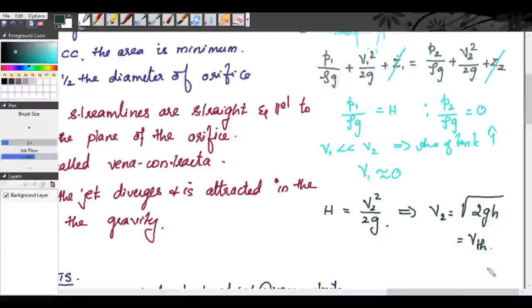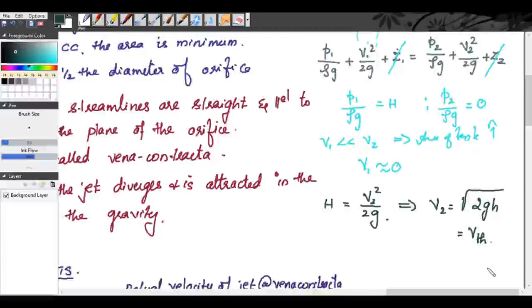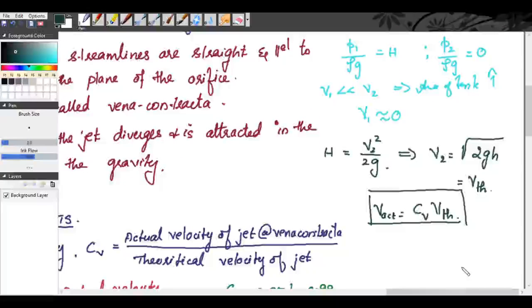So what will be the actual velocity? The theoretical velocity will always be greater than the actual velocity. So actual velocity will be equal to Cv into the theoretical velocity. So V actual is equal to Cv into root of 2gH.